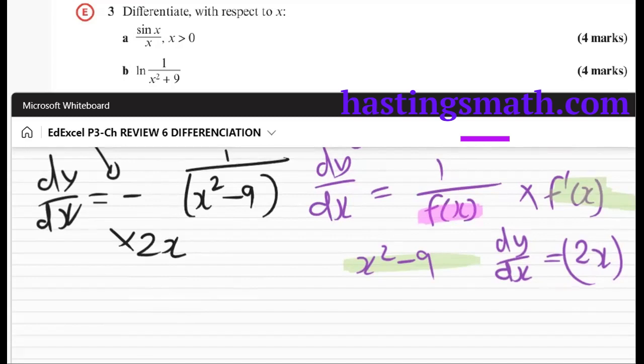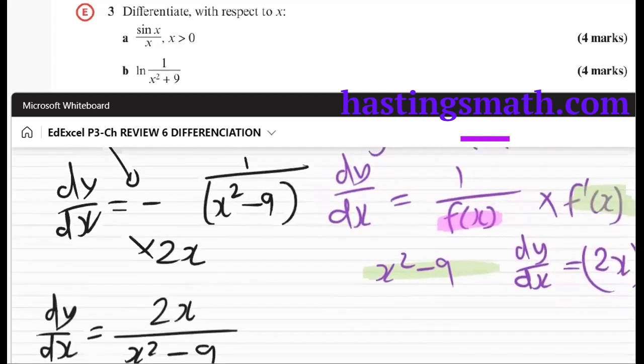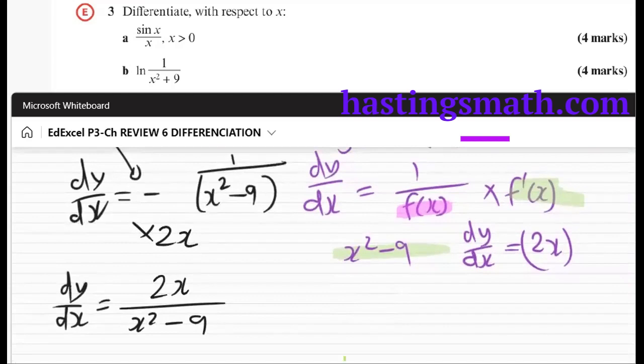If we simplify that a little bit more, we get 2x over x squared minus 9 as our dy dx. Just to recap, that's a version of the chain rule that we've used there. There's our f dash of x, and then our f of x underneath there.